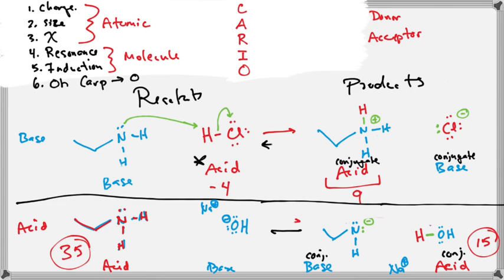O, I have never been able to get a straight answer for, which is why I turned it into O-carp, because there's a whole bunch of different things that actually fall in that category. And in fact, we use that category to explain the difference between a trans versus cis double bond. We use that category to explain the difference between tertiary versus secondary carbocations.